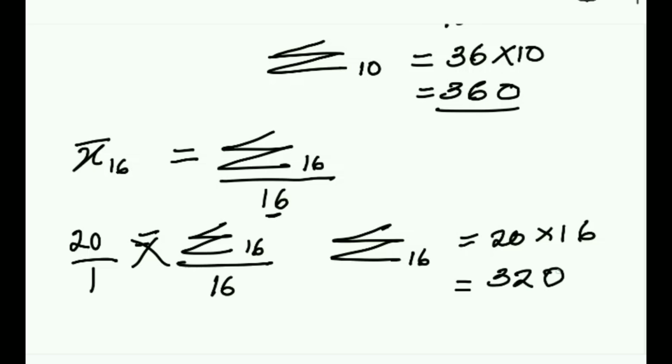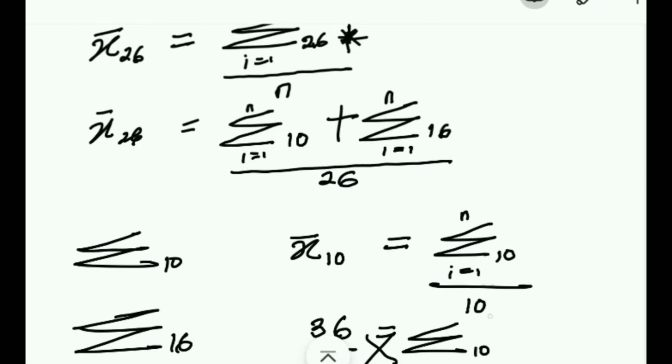So now we have the sum of all the 10 individual scores in the first group. We also have the sum, that is the addition, of all the 16 scores in the second group. Remember, the question says find the mean when you combine the groups together.